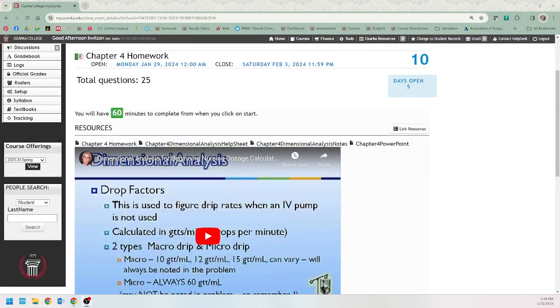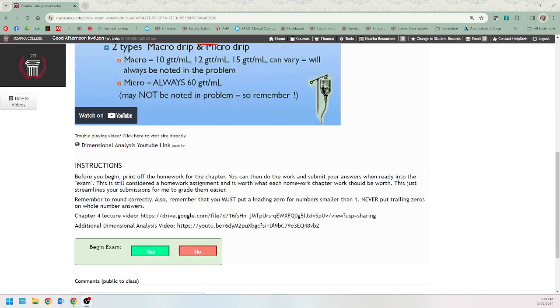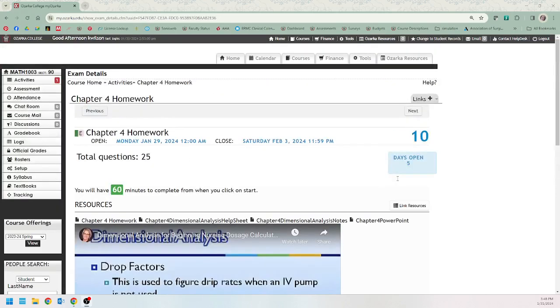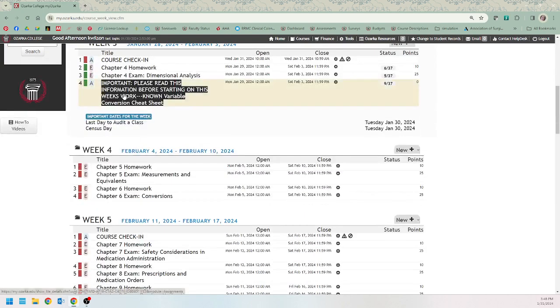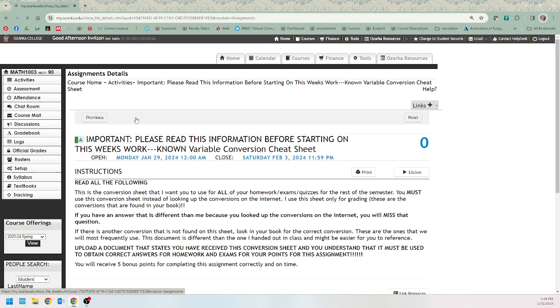if you go to your homework, you will be able to find those conversion factors in a worksheet, and it's not linked to your homework. My apologies. Your week 4 or week 3 for chapter 4 known variable conversion cheat sheet, essentially.